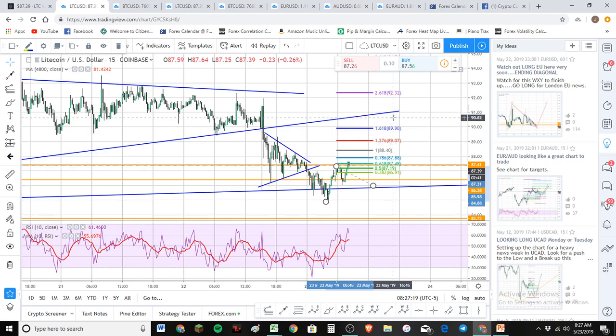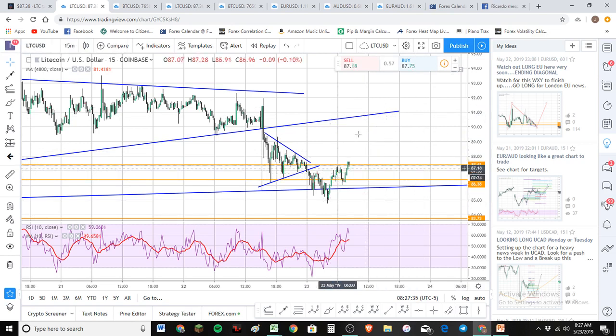Up here around the $91 mark, and then back down to 86 or so. If that's the case, 87. If that's the case, we're looking to go long. So wait for price to come up and come back down to about 87, and then you can look long. But we'll know. I'll know tomorrow as this wave is being made today. I'll give you some updates on that, and we'll see if there's a trade developing. But watch out for a move to the downside.